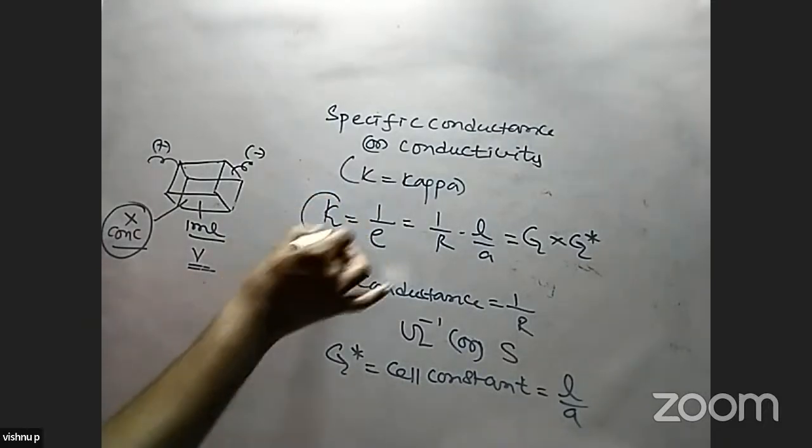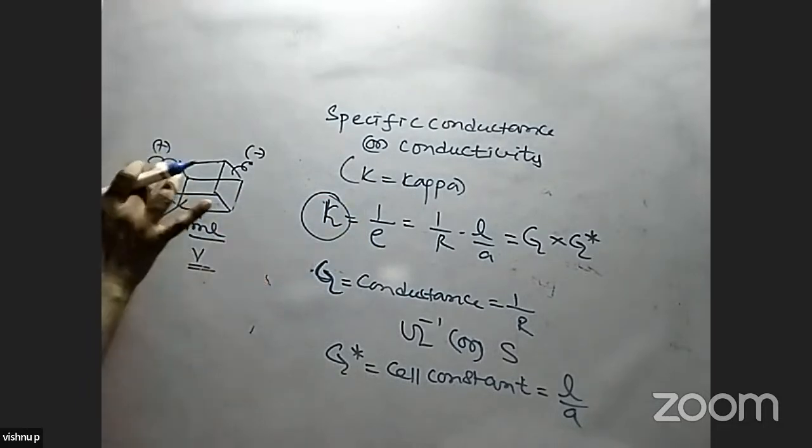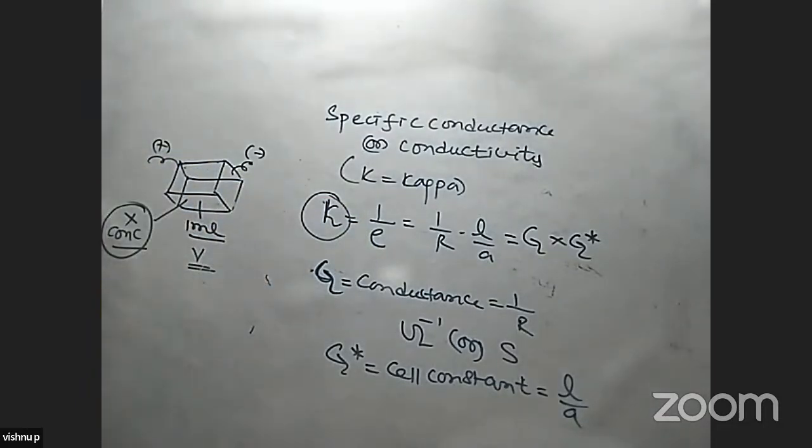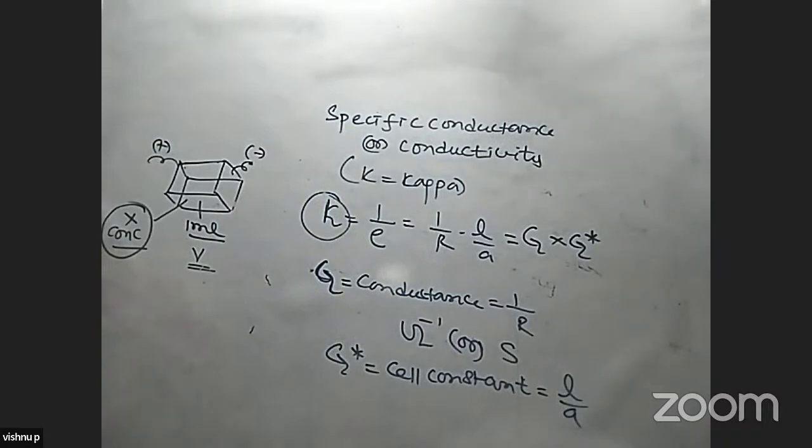So what is this kappa here again? We take this cube, where the electrodes are present with a fixed cell constant: the area of cross section is fixed, the distance between electrodes is fixed, and the concentration is not fixed, but the volume is fixed. Then the conductance is called specific conductance and the resistance is called specific resistance.